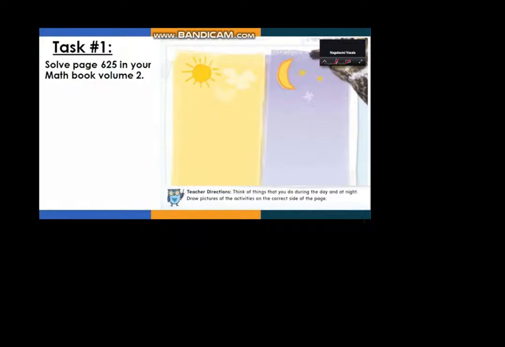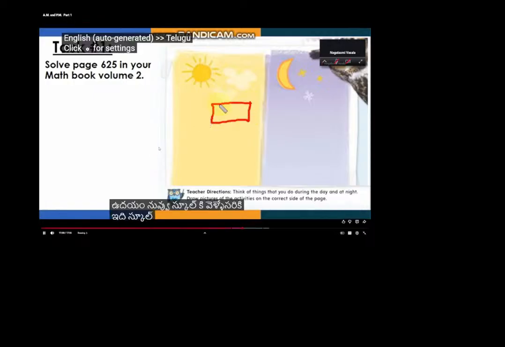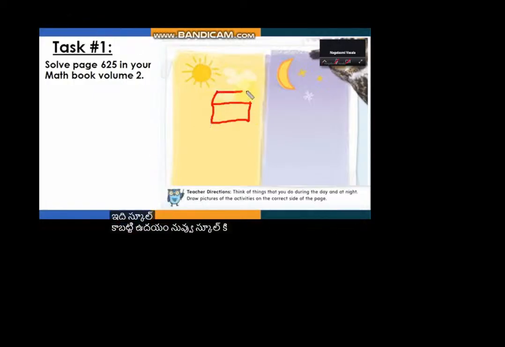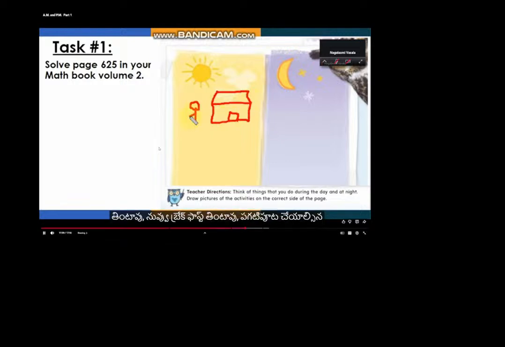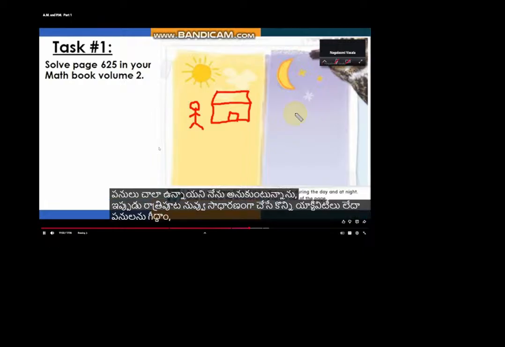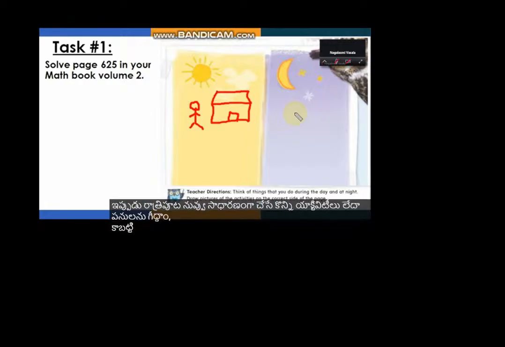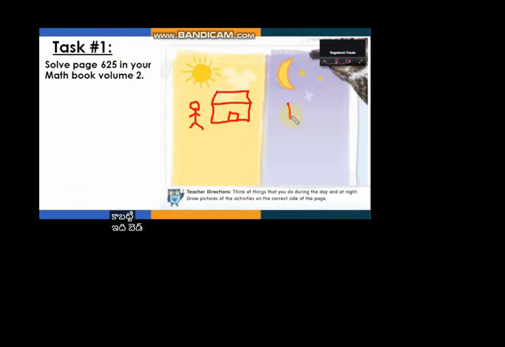So let's say in the morning you go to school, right? This is the school. So in the morning you go to school. First, let's draw some activities or things that you usually do at night. So let's say this is the bed and you usually sleep during nighttime, right?